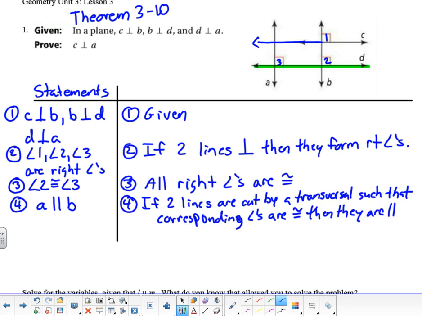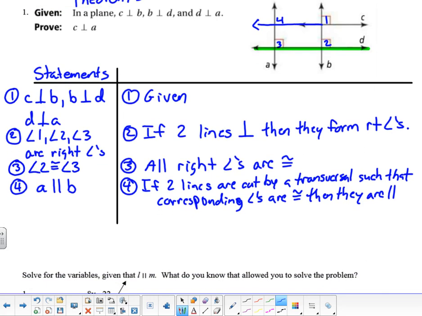Now, I'm going to add an angle here, angle 4, all right? And now I know that angle 1 has to be congruent to angle 4. So in step 5, I can say here that angle 1 is congruent to angle 4. Well, why?